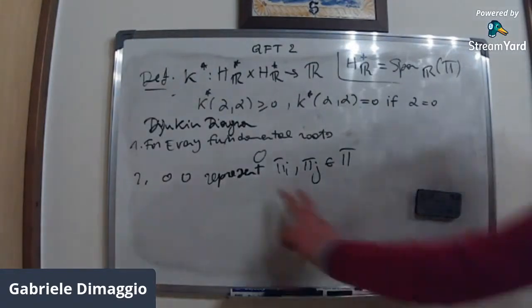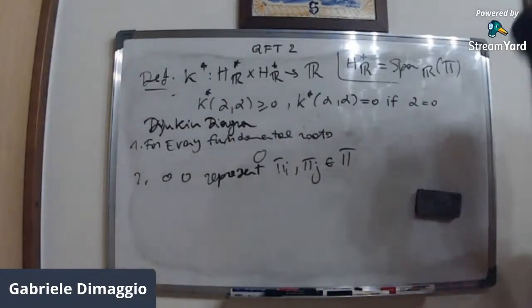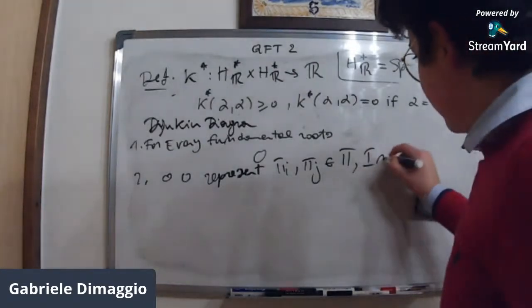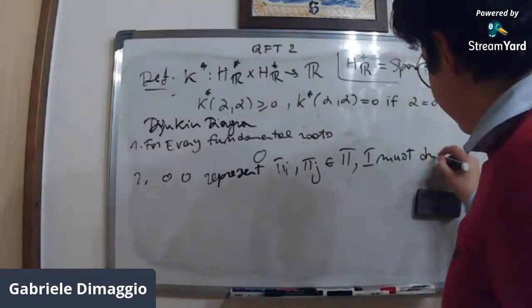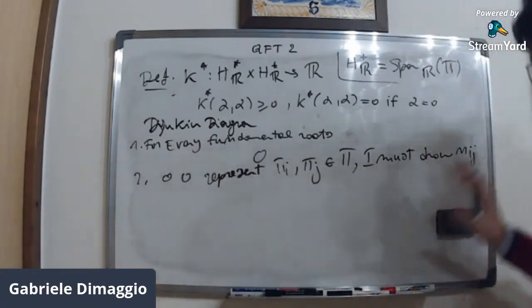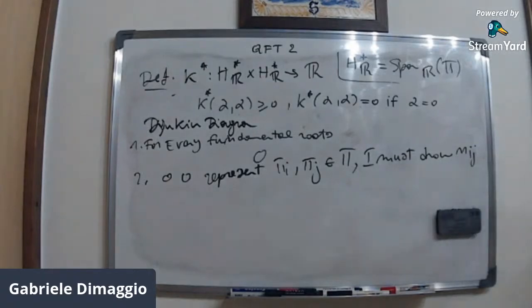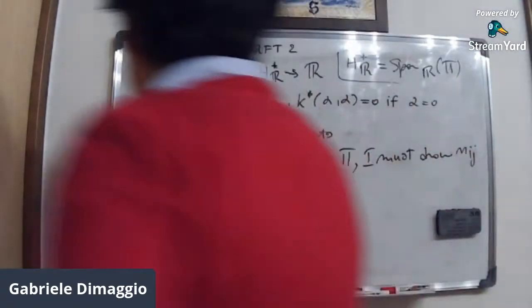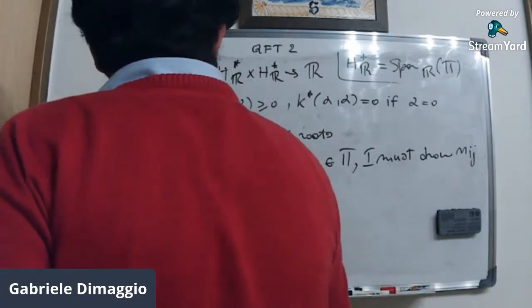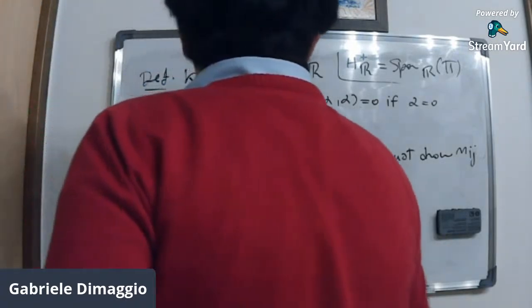So I have these two fundamental roots. Attention, I must draw Nij lines between them. What does it mean?